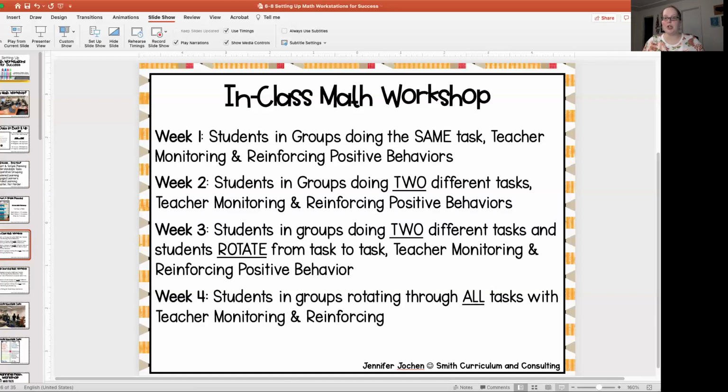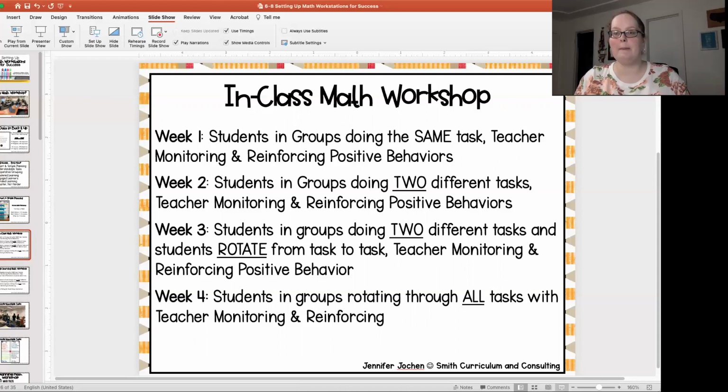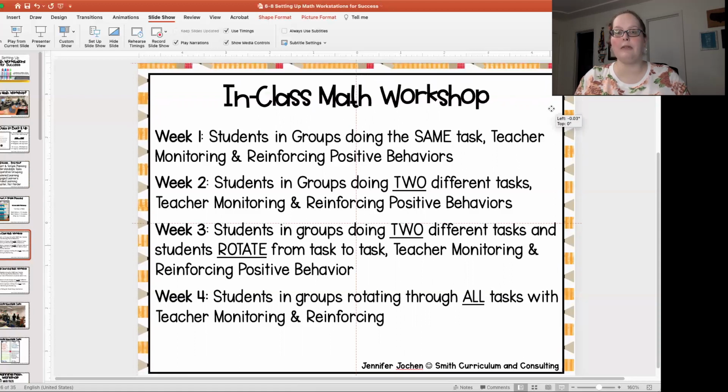You as a teacher are then facilitating their understanding by monitoring and reinforcing positive behaviors. Don't spend time with the negative behaviors. Just jot it down on a Post-it note and address it later.